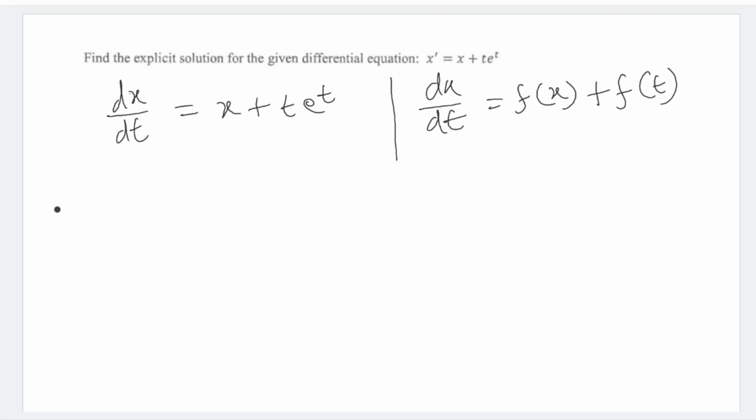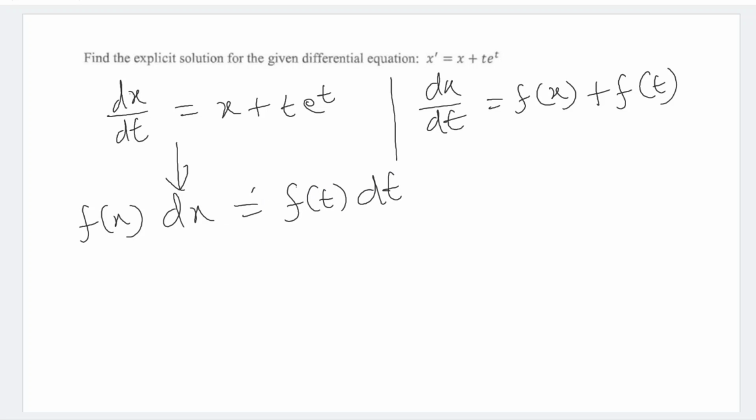So in this case we cannot apply the separation of variables method because we cannot write this equation in the form function of x dx equals function of t dt.